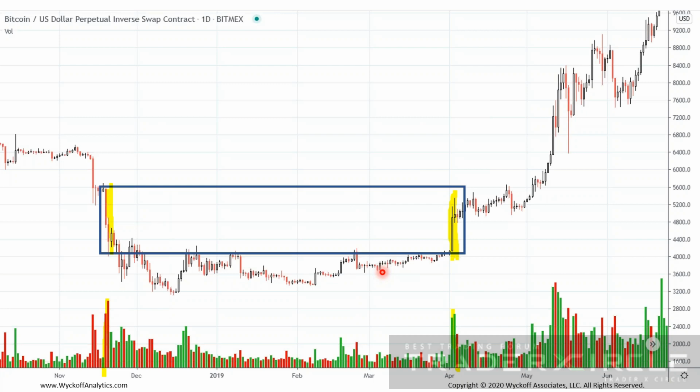Why is this formation so beautiful? Because on the right side of the chart, market participants are forced to absorb supply on the way up.